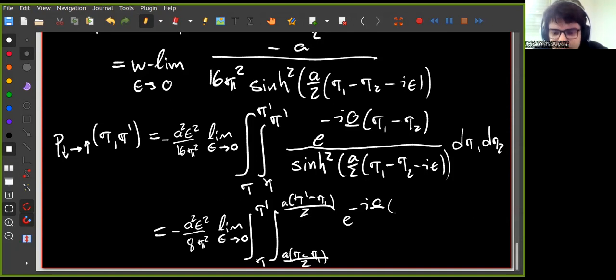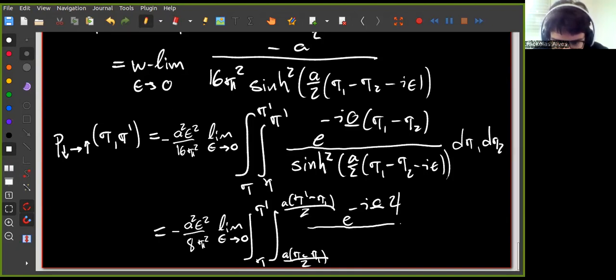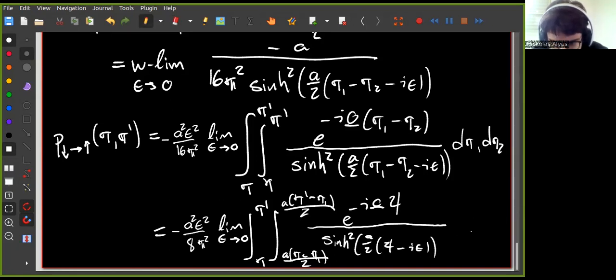Let me just come up with a variable here, psi, which is the difference between tau 1 and tau 2, divided by sinh squared a over 2 psi minus I eta, d psi d tau 1.